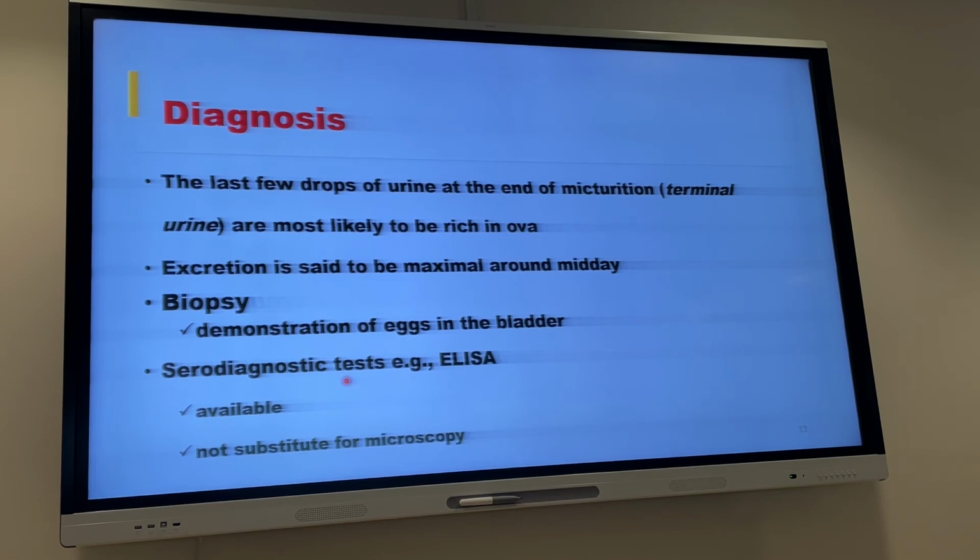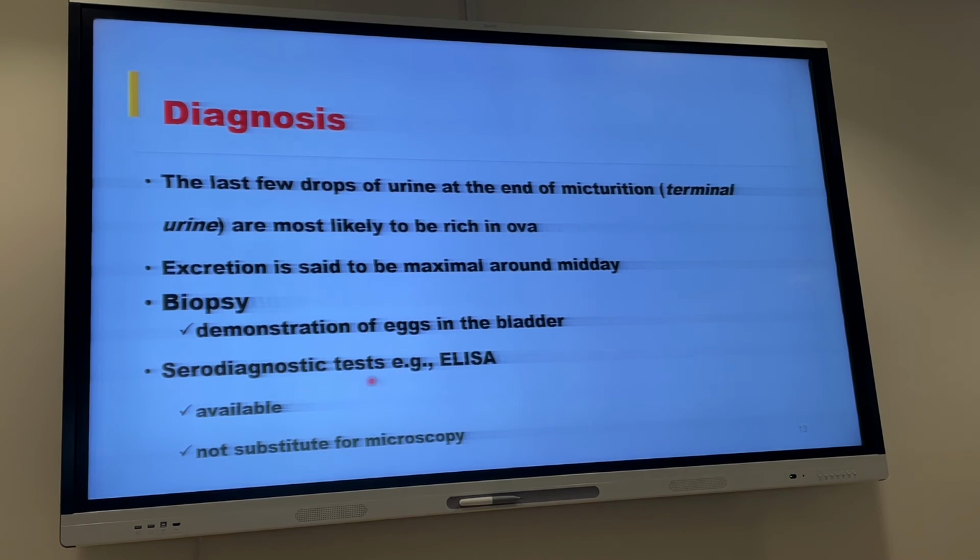So you can have extra sites that are invaded by the eggs. Under these conditions, you may not find ova in the urine, but the patient is infected.